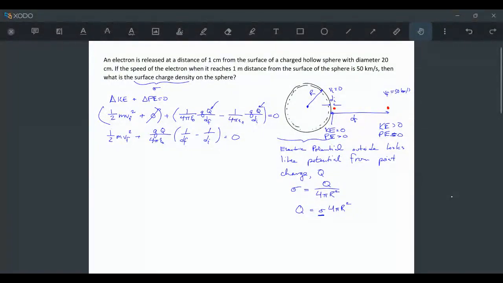Okay, so we have, and at the same time, we'll get rid of this guy. This is only 2. So instead of multiplying by 4 pi epsilon naught, we'll do 2 pi epsilon naught, but it will be the same.